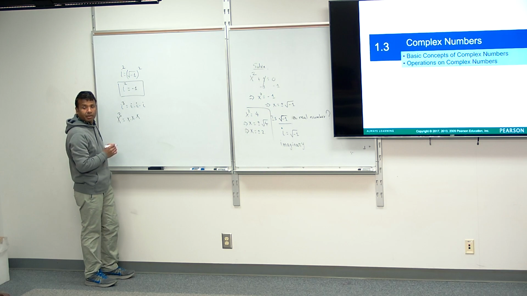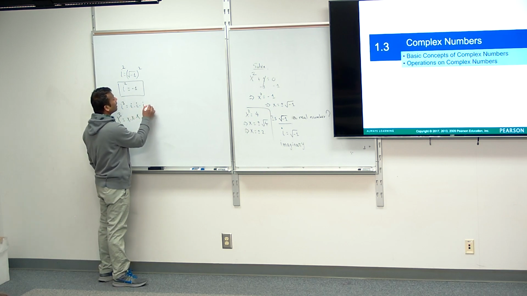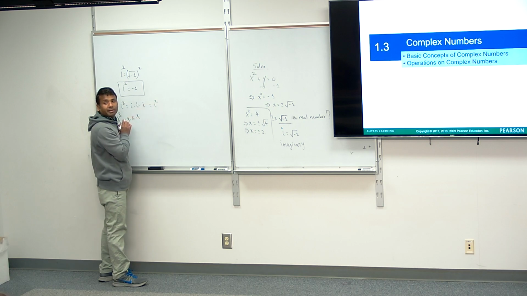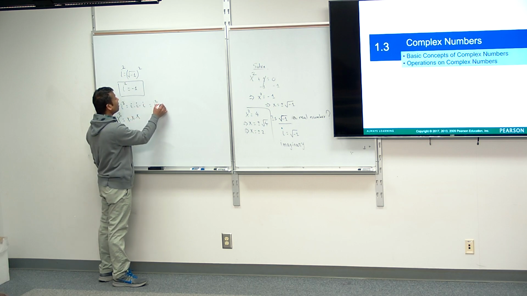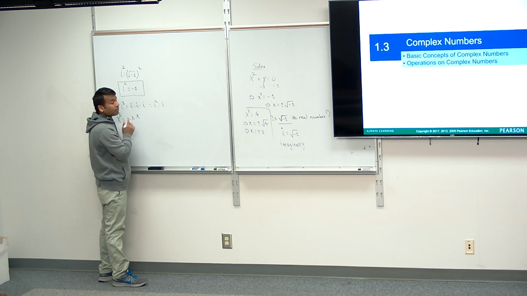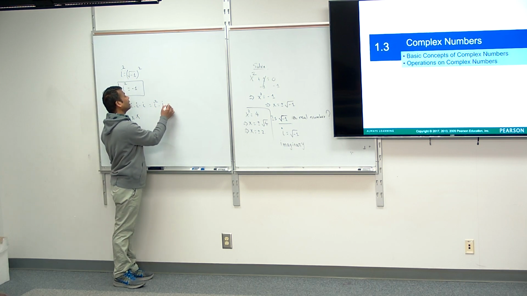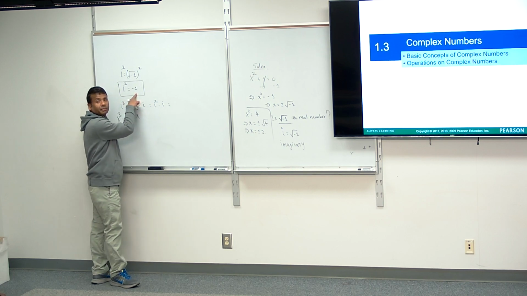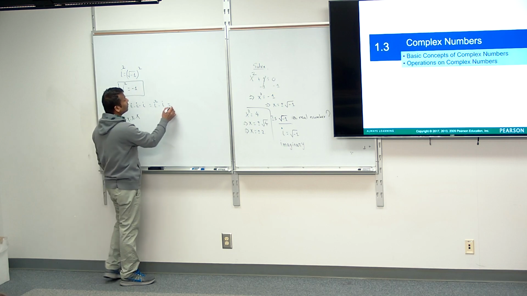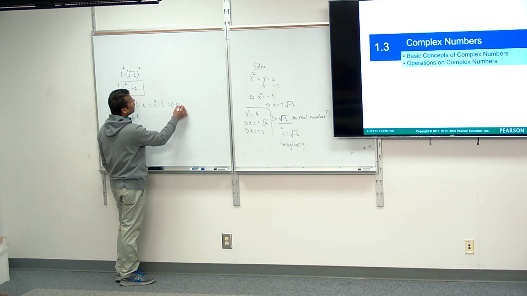Make sense? And you guys know i times i is i squared, right? So i squared times i. Are you with me? So what is the value of i squared? -1. So -1 times i, which is what?